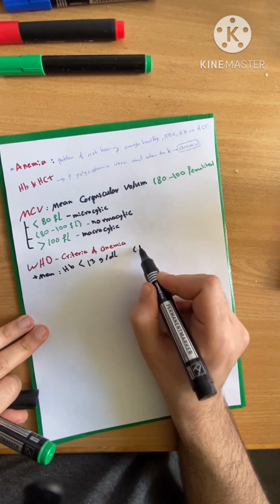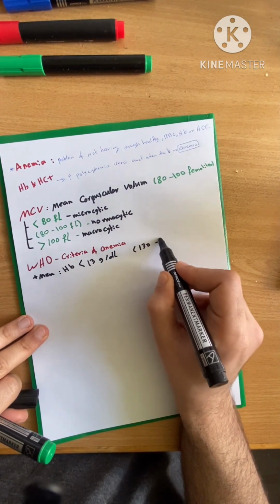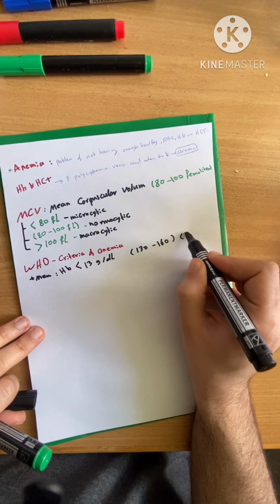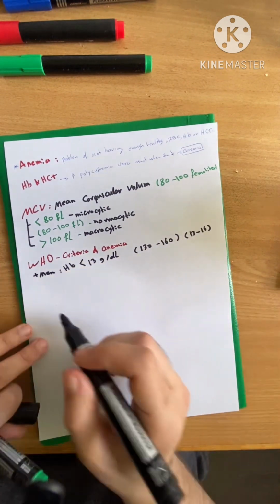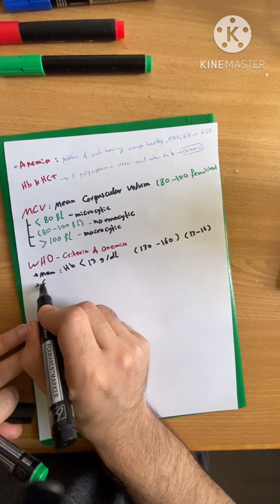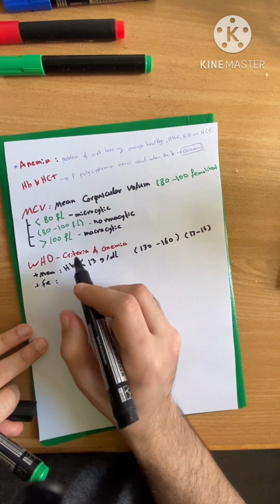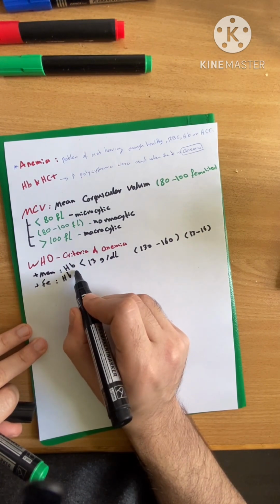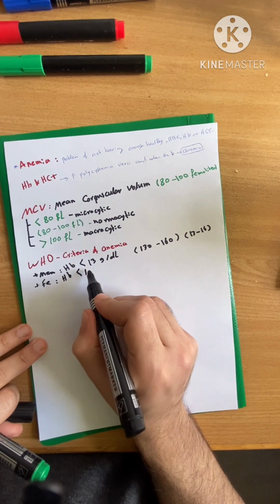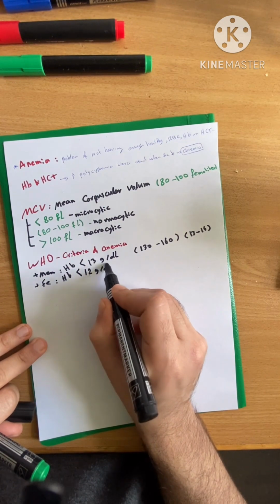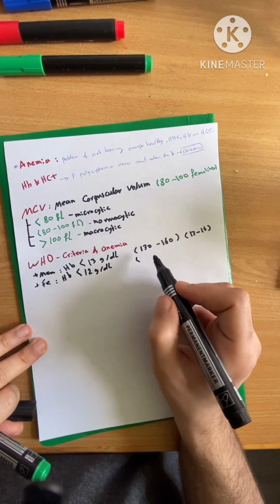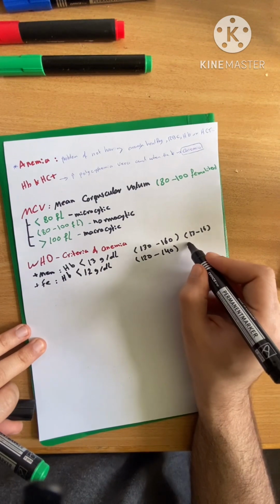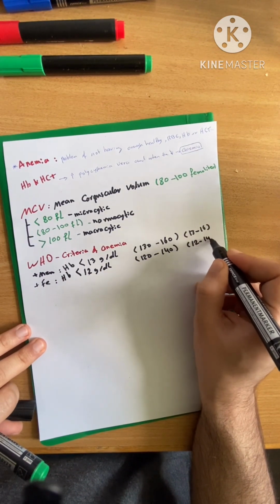The normal range is 130 to 160, or 13 to 16. For females, hemoglobin should be less than 12 gram per deciliter. The normal is 120 to 140, so 12 to 14.